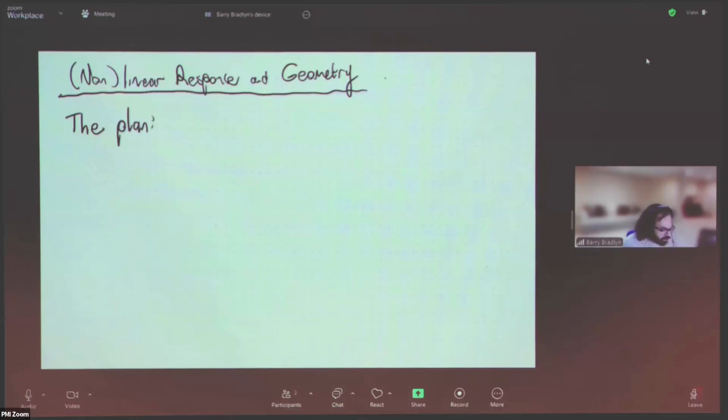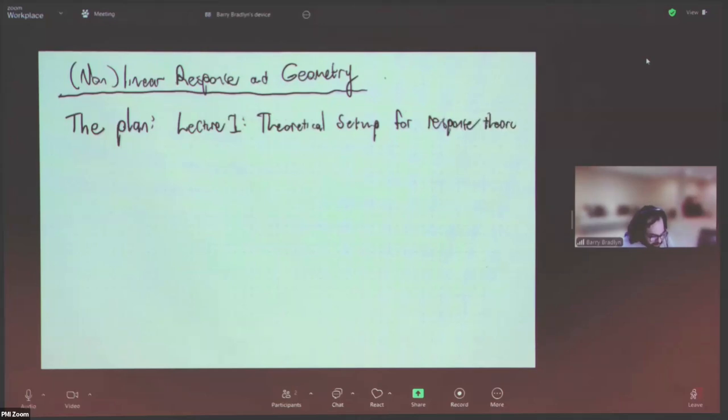So what we're going to do is, in the first lecture, we'll talk about the theoretical setup for response theory and some general properties of linear response.